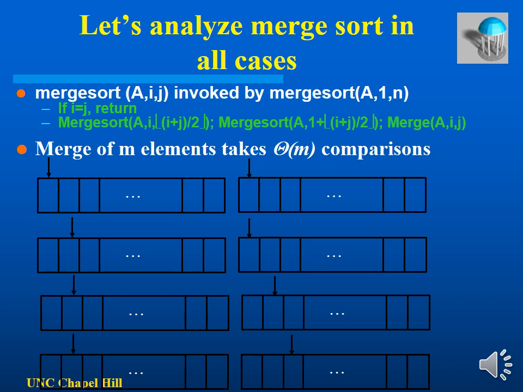That is to say, merge takes theta of m comparisons. The result is that merge sort's analysis is going to be T of n equals T of n over 2 plus T of n over 2, those are the 2 merge sorts, plus theta of n, the merge. Let's repeat that in the next slide.